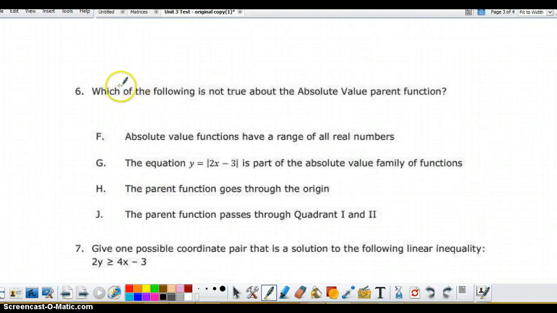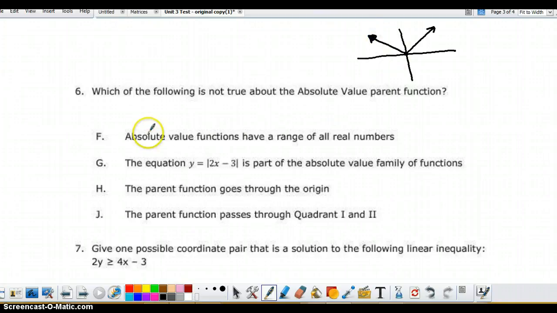Alright, 6. It says which of the following is not true about the absolute value parent function? So let's think about the absolute value parent function. It does this, just like that. It says absolute value functions have a range of all real numbers.